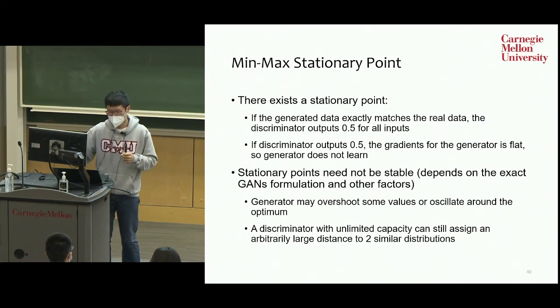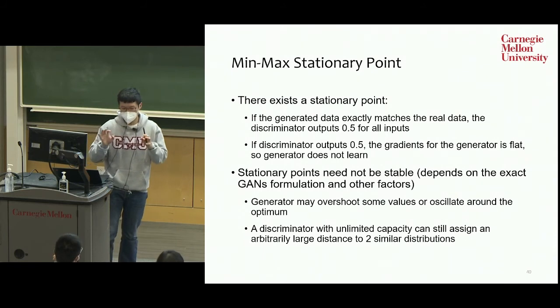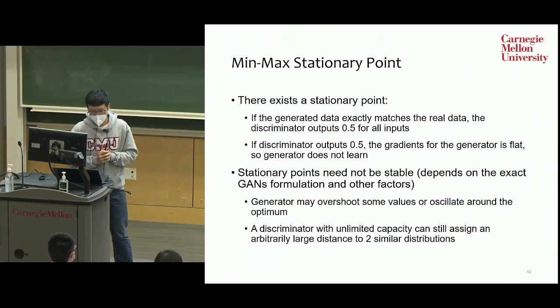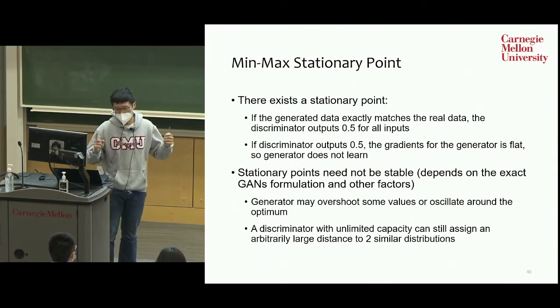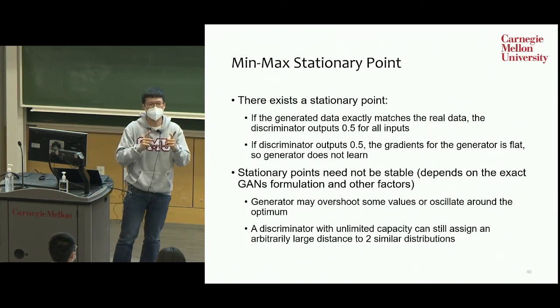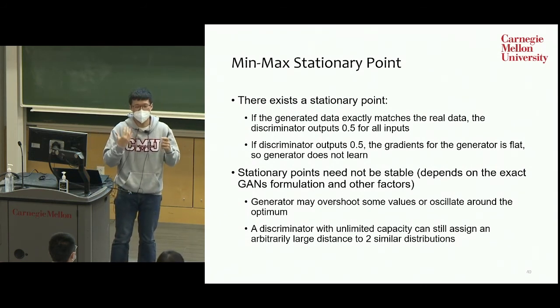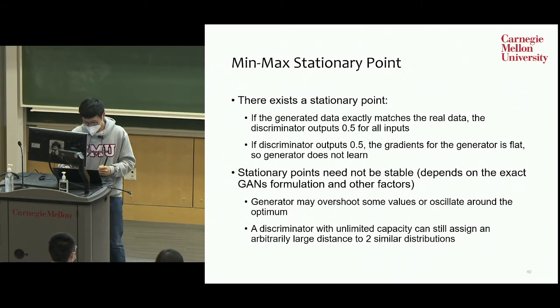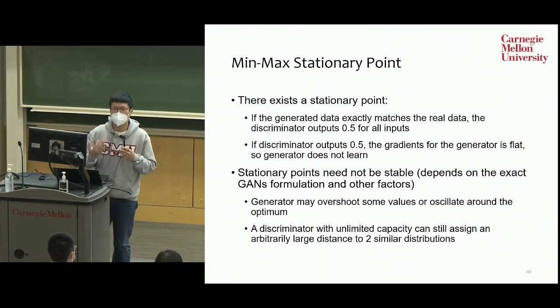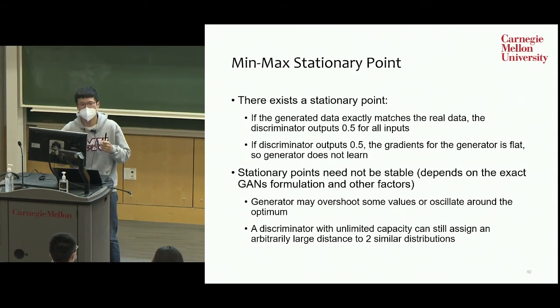We cover that in later slides. And a discriminator with unlimited capability can still assign an arbitrarily large distance between two similar distributions if the discriminator is very, very good. So the stationary point itself may not actually be stable.